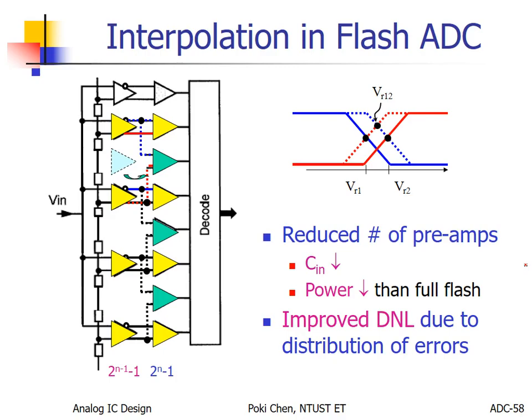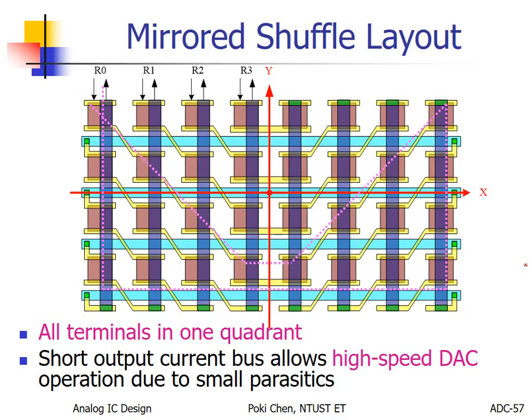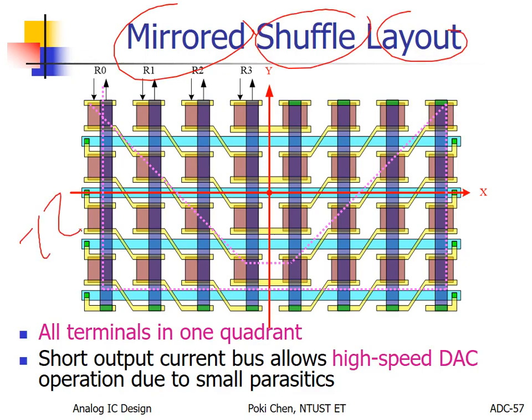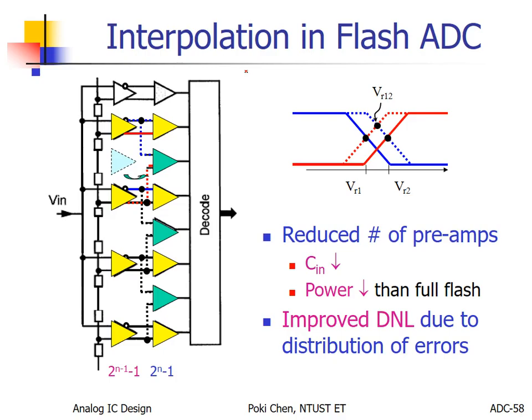So you had better read it by yourself. Just Google the keywords, mirrored shuffle layout. Especially through IEEE Xplore, you will get the exact paper. If you have any problem with that, just contact me. I will offer you the name of the paper, or even the PDF.